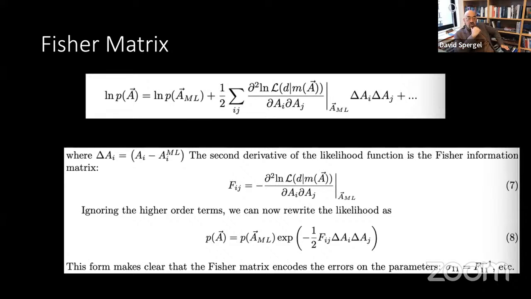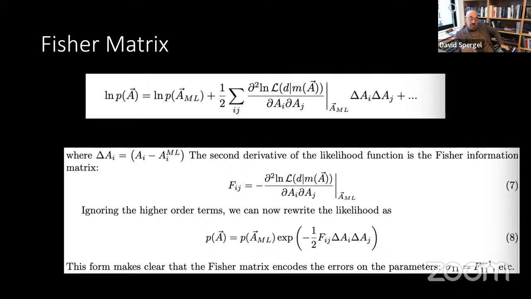And this second order term is often expressed as the Fisher information matrix. We define Fij as the second derivative of the log likelihood with respect to parameters. And that characterizes our uncertainties in the parameters. And you can see that if we ignore our higher order terms, we can now write down our posterior, the posterior of A, how likely any parameter is, as the probability of A_ML, maximum likelihood, times a Gaussian centered around the maximum likelihood value.